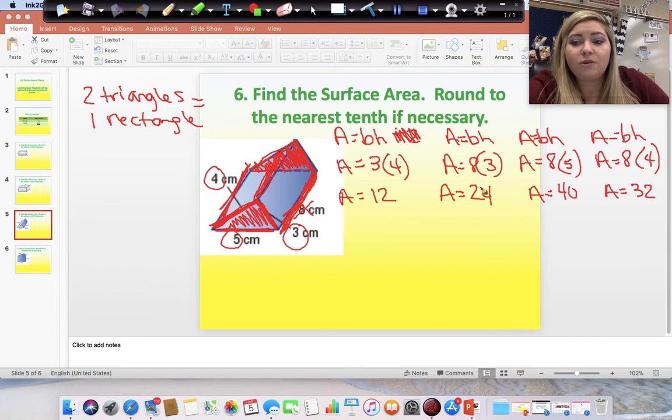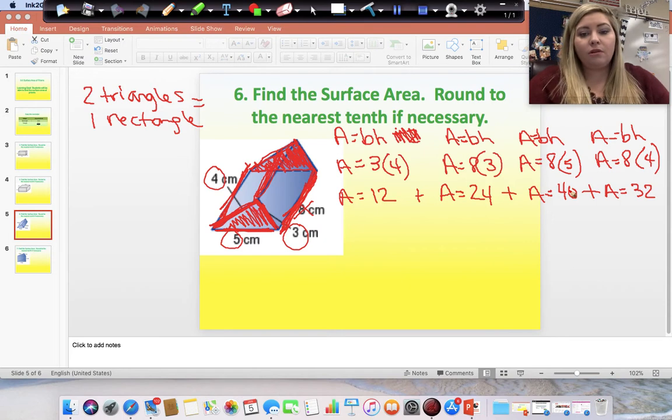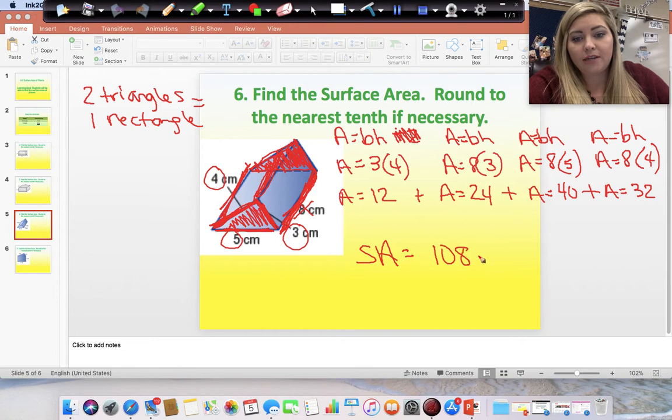Now all we need to do is add these numbers up. So we've got 12 plus 24 plus 40 plus 32. And our answer is 108. So the surface area for this triangular prism is 108 centimeters squared.